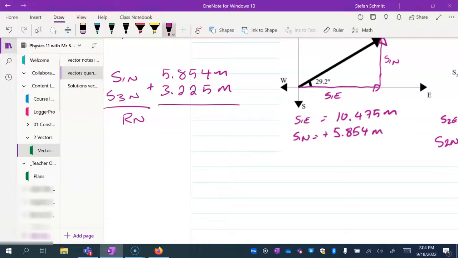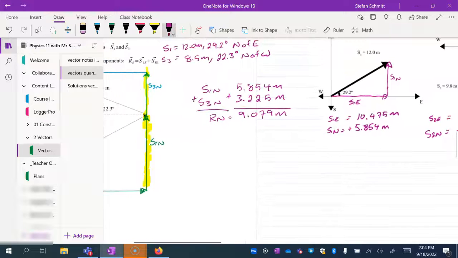And that's going to give us 9.079 meters. Okay. Let's do the same thing with the east components.